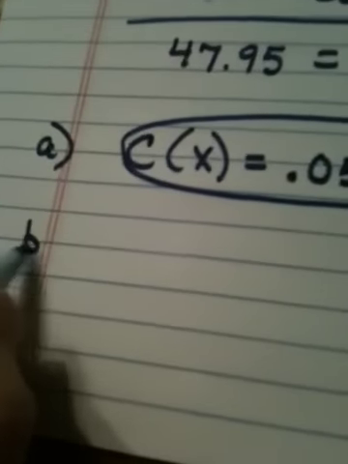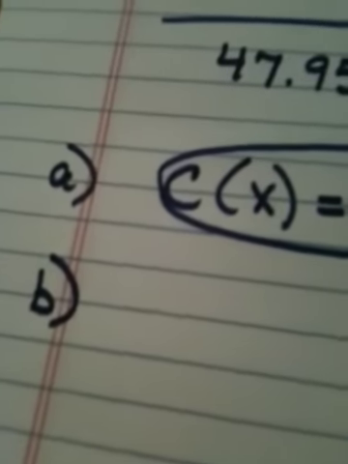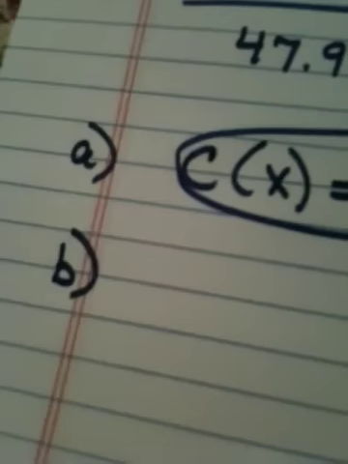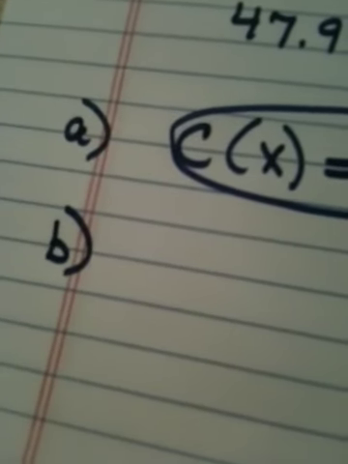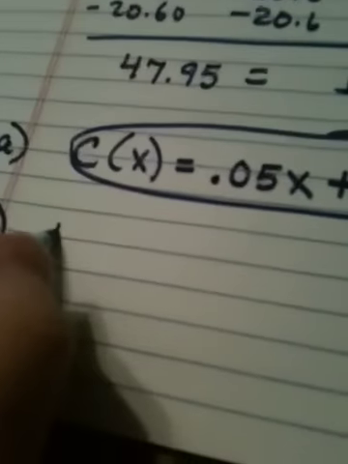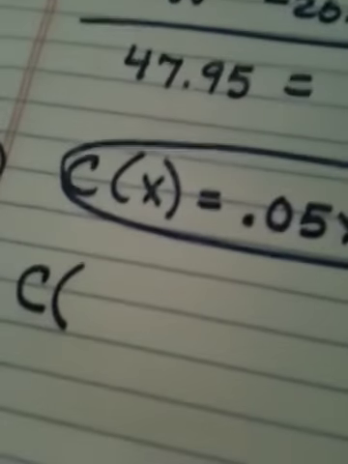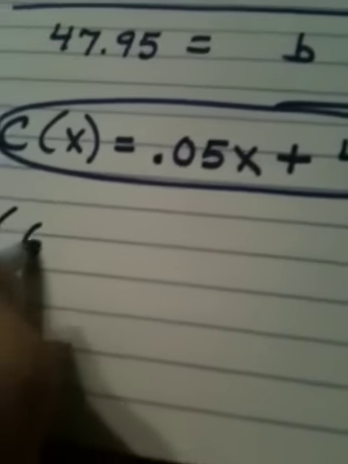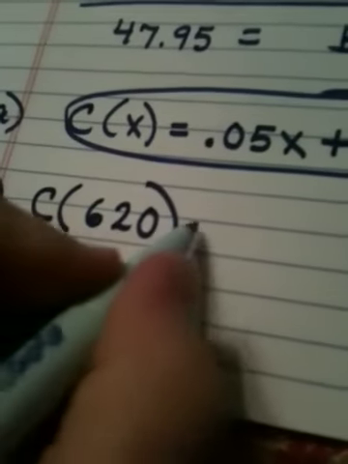Now, part B should be easy. Part B simply says, what would the monthly cost be in August if she uses 620 minutes of long-distance calls? Well, we find C of, what is it we're putting in? 620. We plug in 620.